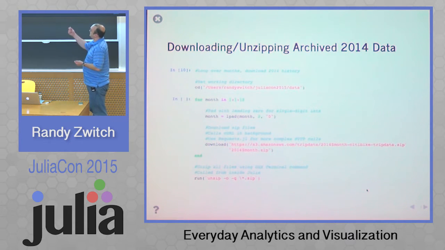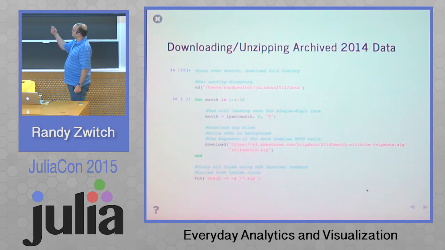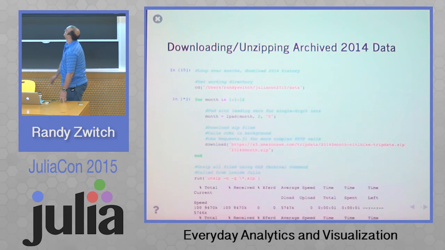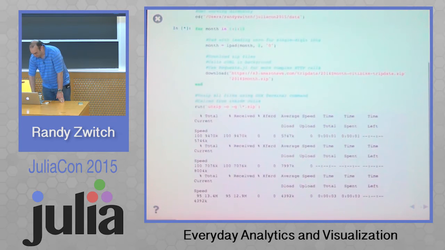And then finally, at the bottom, I just do a quick shell command that unzips all of the files so that we don't have to really deal with that inside of Julia. It's just at the operating system level. So when you do this, you will see something like the following.